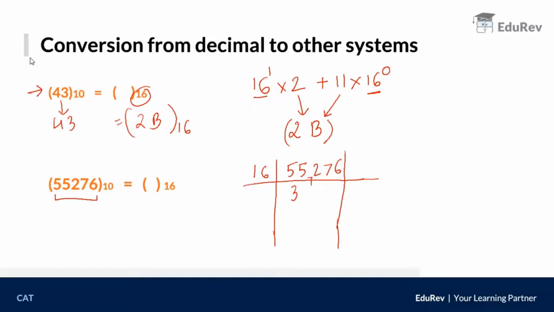I have 7 remaining, so I have 16 4s are 64. I have 87 remaining. 16 5s are 80. I have 76 remaining. So 16 4s is again 64. So I have 12 remaining. So my remainder is 12. Now 12 is nothing but C in hexadecimal.